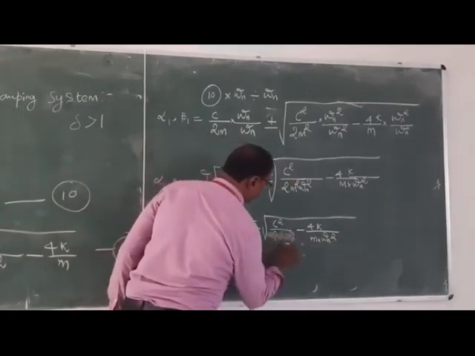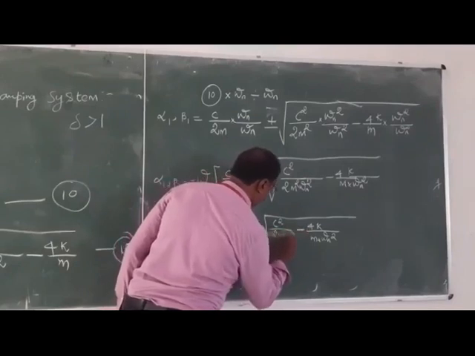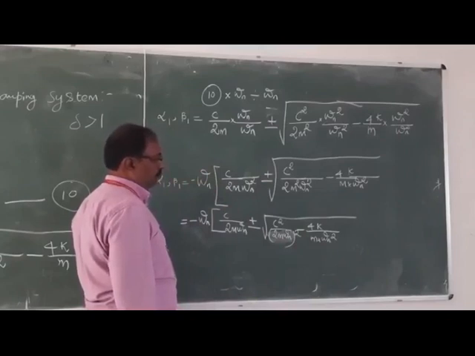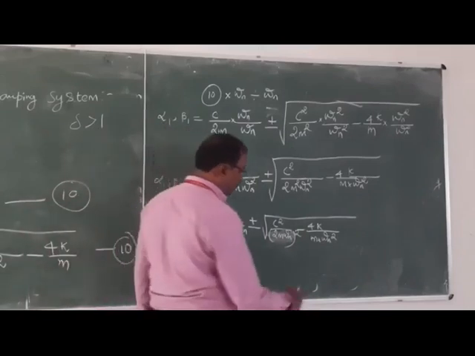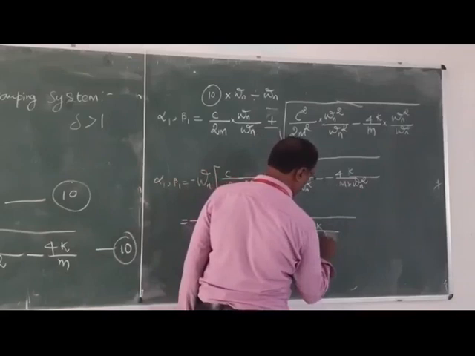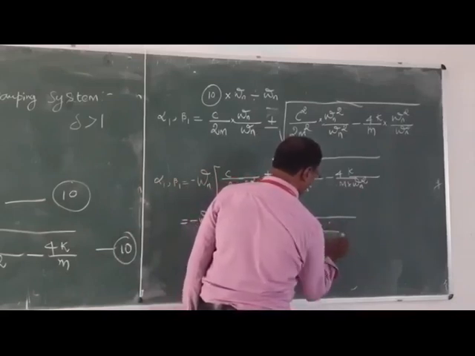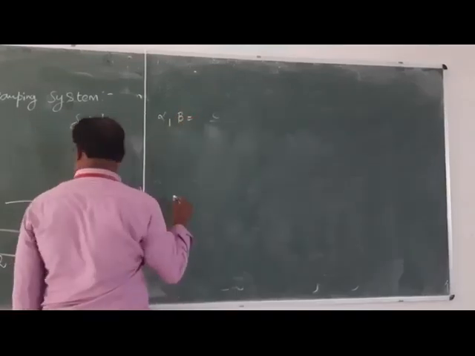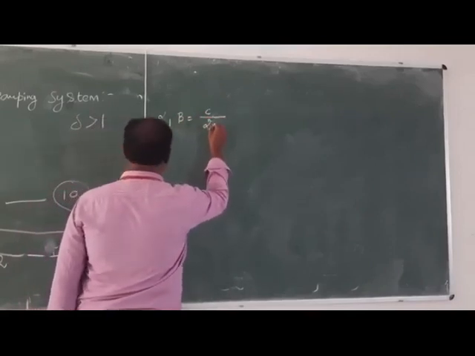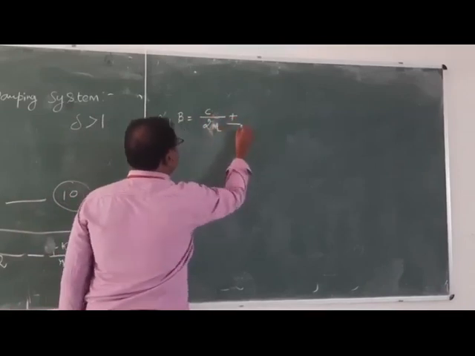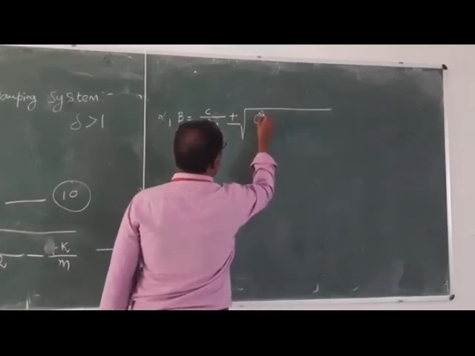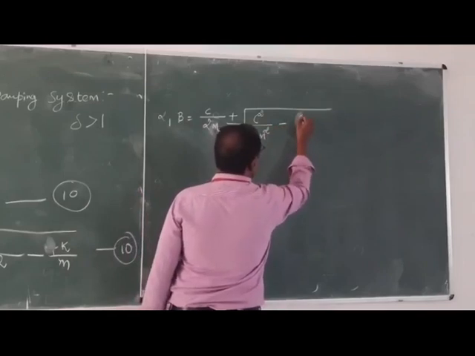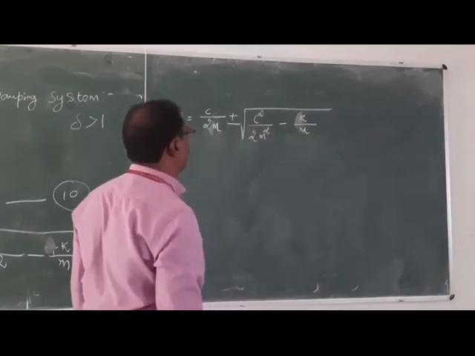This term I am writing as common. Also, this omega n square is k by m.